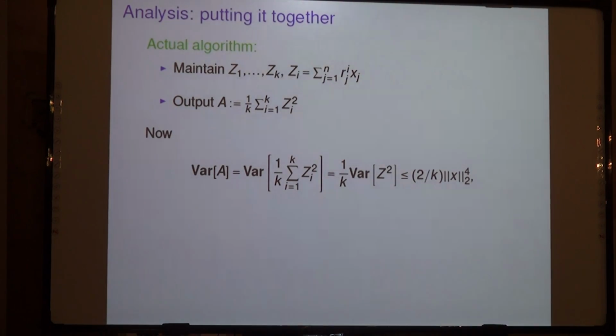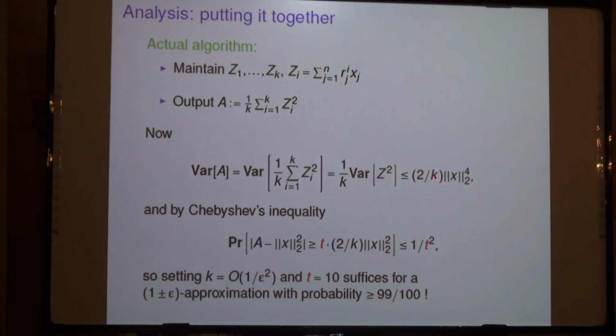We're averaging, so the variance is exactly 1 over k fraction of the variance of our original z, because they're independent. So now the variance is at most 2 over k times the fourth power of the L2 norm. And now by Chebyshev's inequality, we're already getting something useful. We can set t to be, say, 10. So we reduce the failure probability to about 1 over 100.